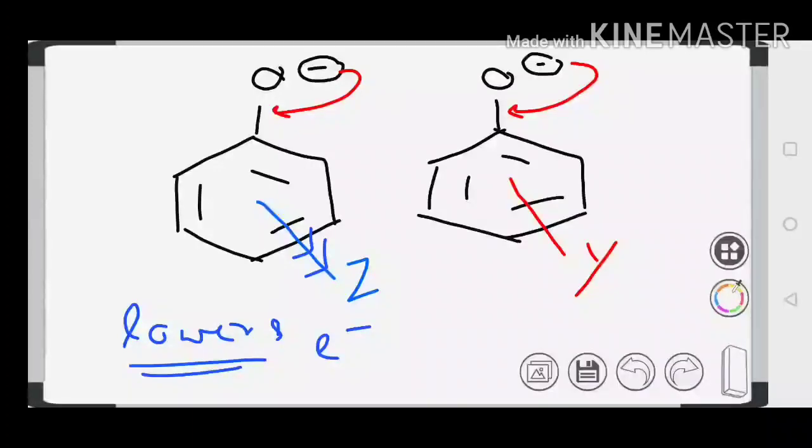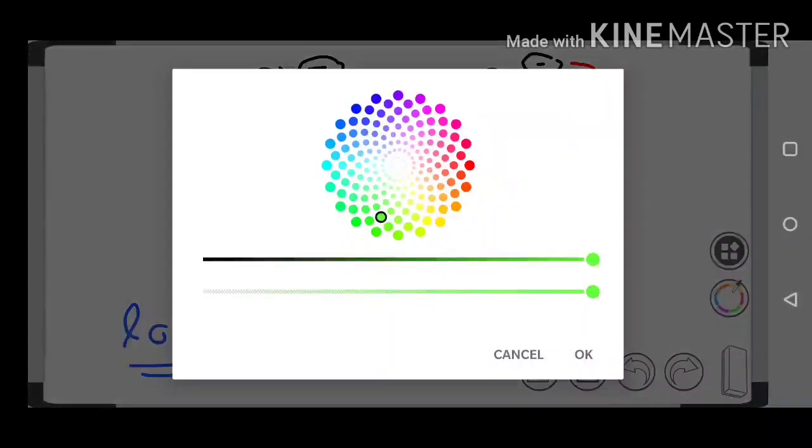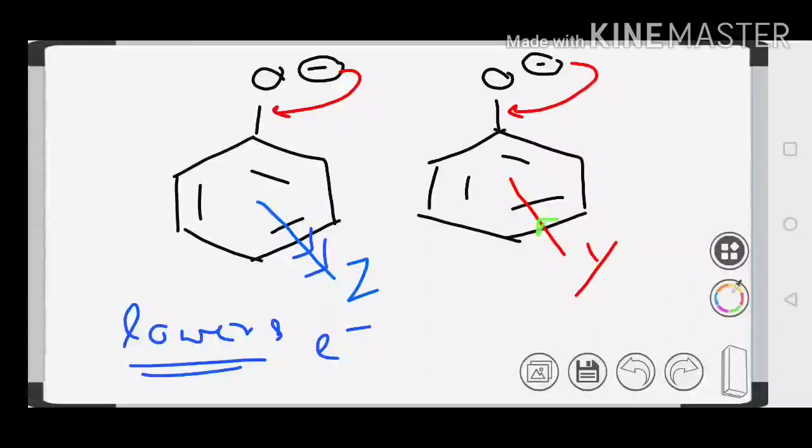So the ring becomes electron deficient, which further drags the electron on the left hand side from the O minus. On the other side, Y donates the electron towards the ring, making the ring electron rich. Inside the ring the electron density increases, so that negative charge of oxygen will not want to come back towards this ring. That is why on the left hand side, the withdrawal of electron will stabilize the conjugate base.